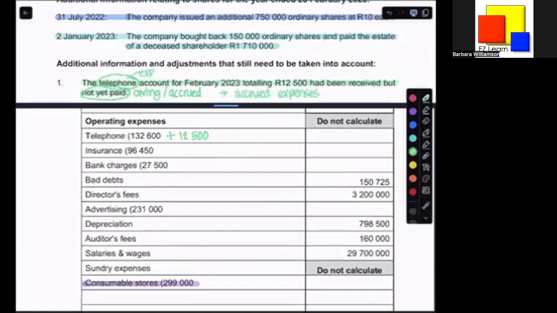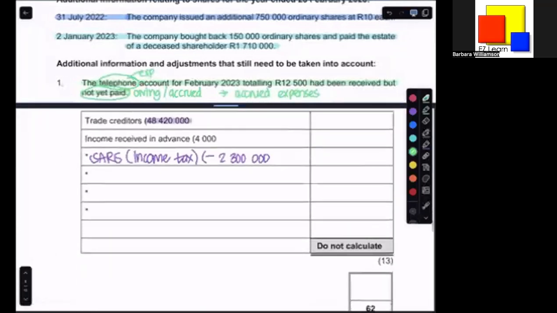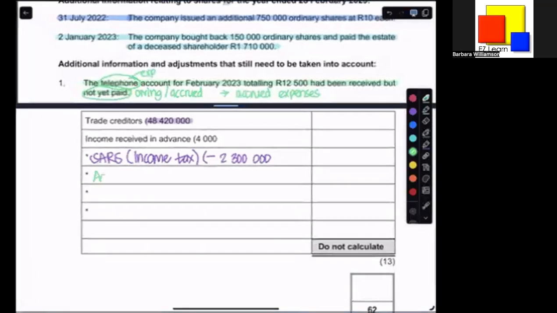Accrued expenses is where I owe somebody else. It's a liability, and so we'll pop it in payables. It's possible that we might have other accrued expenses coming up, and that's why I've put it in working brackets.